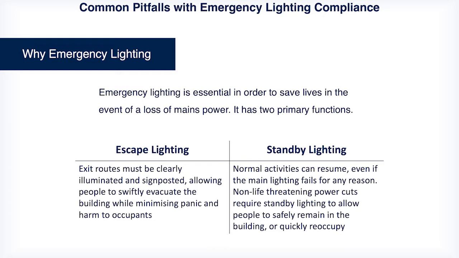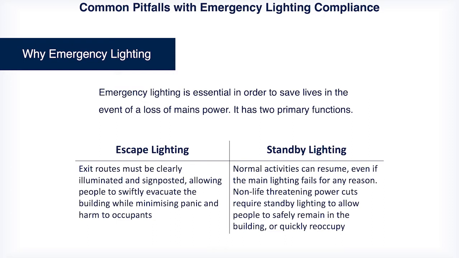And emergency lighting, as stated, ensures that occupants of a building are able to swiftly and safely evacuate a building. So that's a key function of emergency lighting, and probably the most recognised part of an emergency lighting installation is to get users safely out of a building in the event of that mains failure.